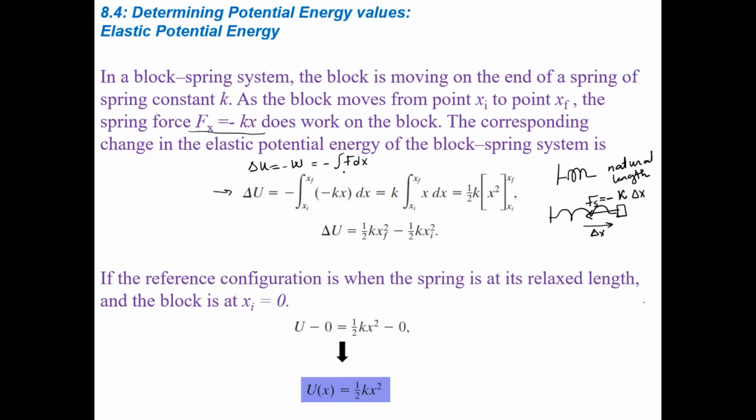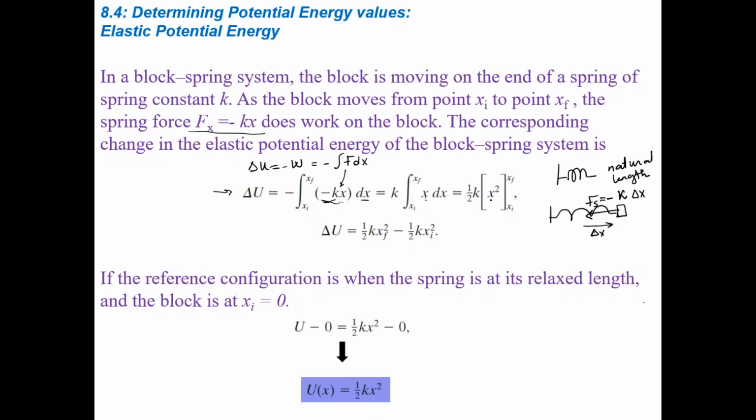My force now is the spring force, which I wrote as minus kx or minus k delta x. I will integrate that. One thing you notice here is the spring force does depend on position. It will not go all of it outside the integral as we saw for the weight force. Rather, only minus k will go outside. There's a minus there already, so I get k outside the integral. And I will integrate over x dx.